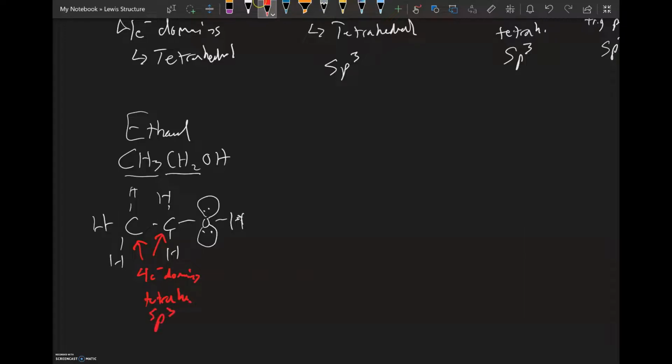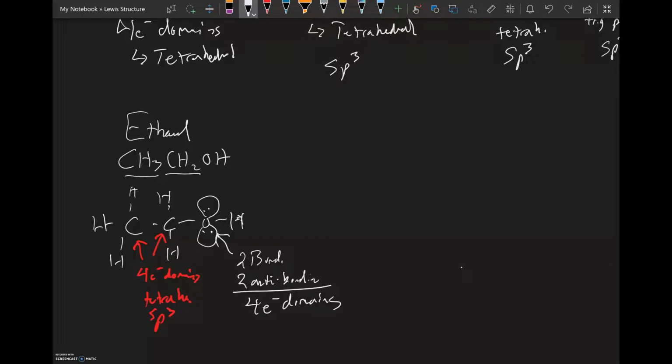It's the oxygen that we're going to focus on here. The oxygen itself has 2 bonding pairs and then 2 non-bonding pairs. So 2 plus 2 gives me a total of 4 electron domains. Now this one is not tetrahedral because it has those 2 lone pairs.